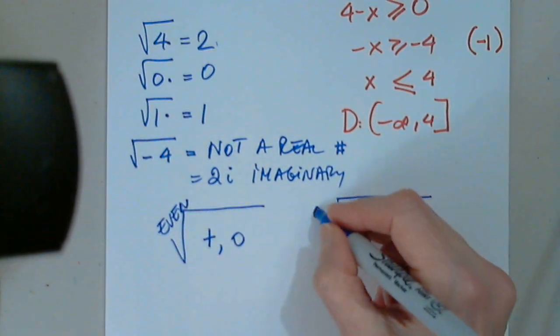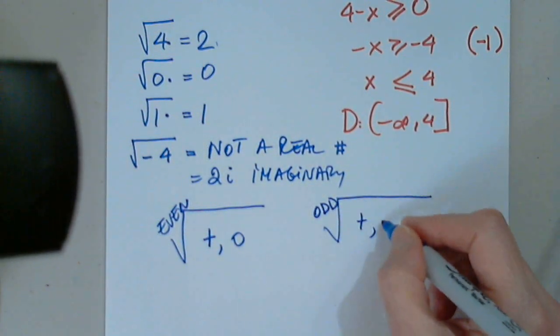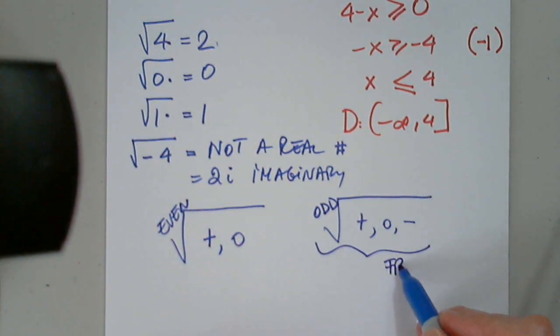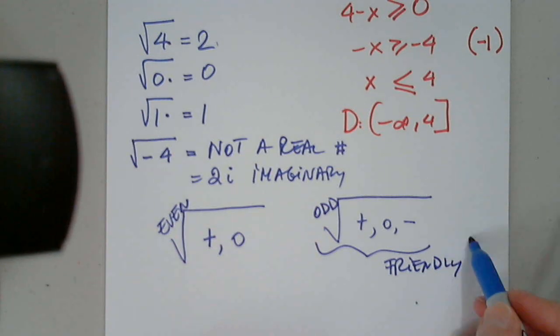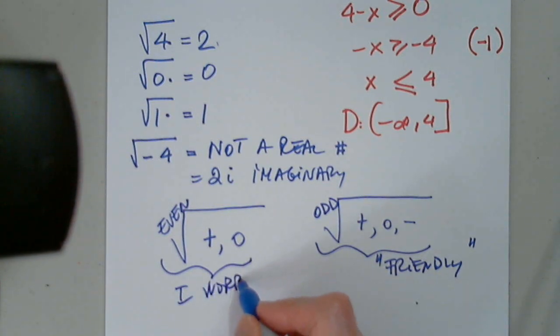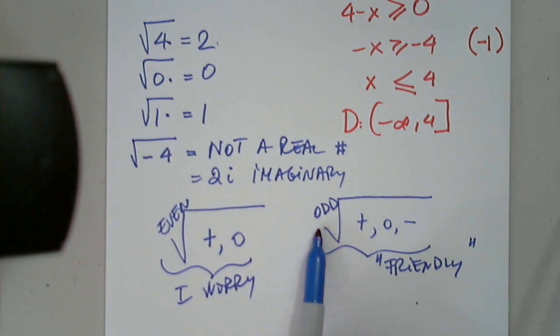For every odd index, anything. This is friendly. I like to call it friendly. Here I worry. Every time I see an even index, I worry. When I see an odd index, I can sleep tight. I don't have to state any restrictions.